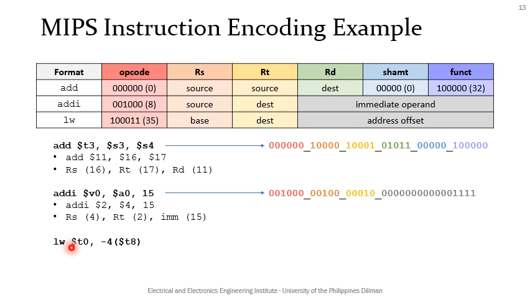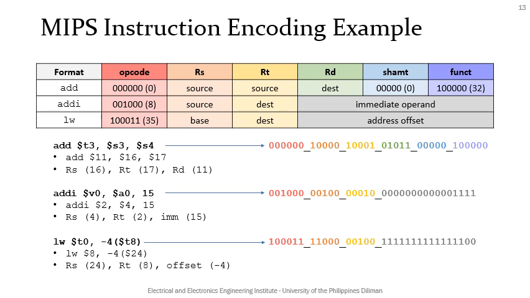For the last example, we have a load word instruction. Again, we identify first the register numbers. T0 is register 8, while T8 is register 24. The base register, or RS, is register 24, while the destination register is register 8, RT for the load word. Constructing the instruction code, we have the opcode for load word, which is 35 in decimal.